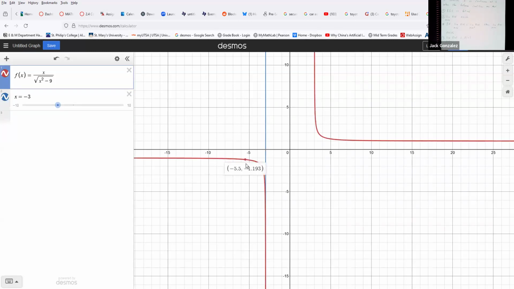You can see as we get closer and closer to -3, right? It kind of shoots off to infinity here.